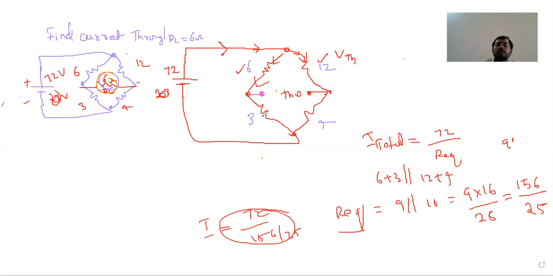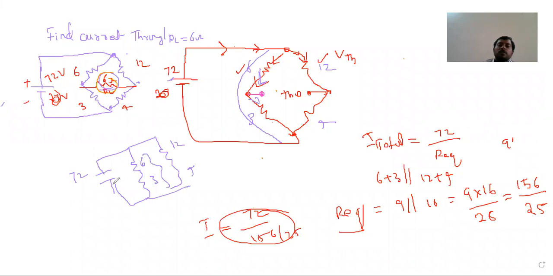So this becomes a lengthy process, so I want to give a short method. Consider the current through this branch, 6 and 3, and the other branch, 12 and 4. Each branch is connected across the 72 volts. So the voltage across 6 and 3 is 72, and across 12 and 4 is 72. The current through this branch I am taking as I1.